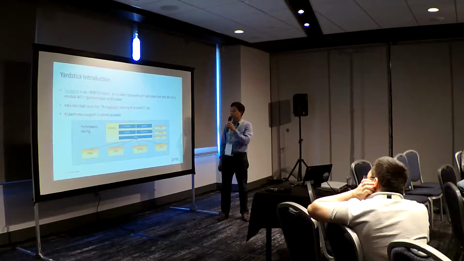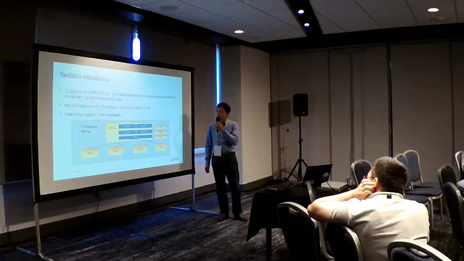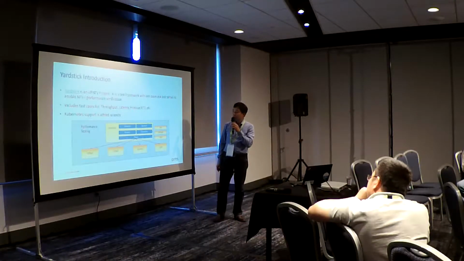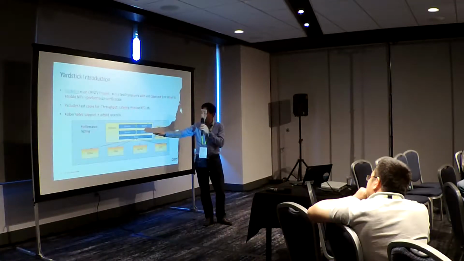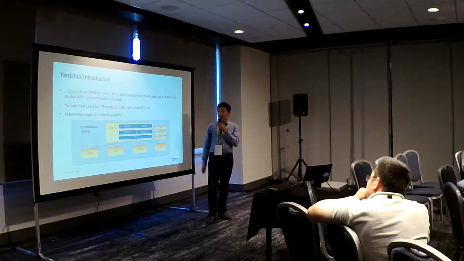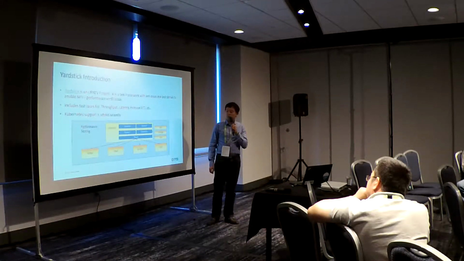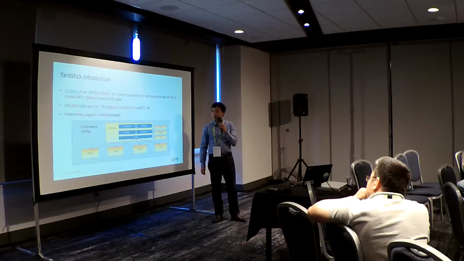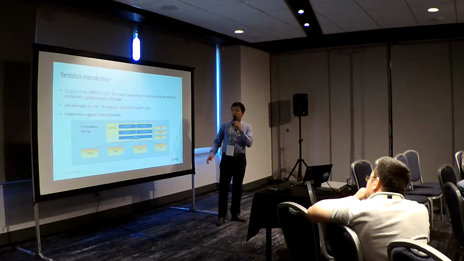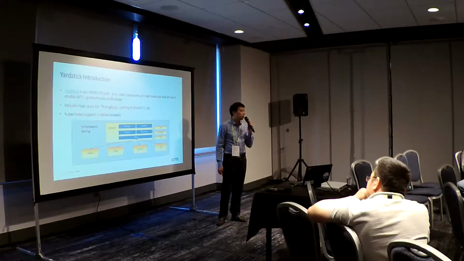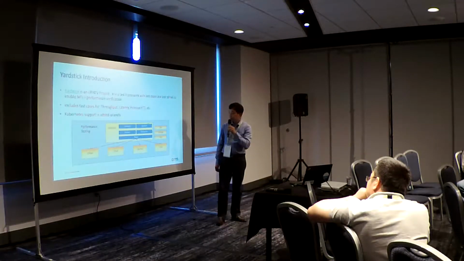Inside Yardstick, there are 5 key components: the scenario, context, runner, dispatcher, and plugin. The scenario defines what kind of class or type the testing is going to do, for example ping, iperf, or netperf, for different purposes.